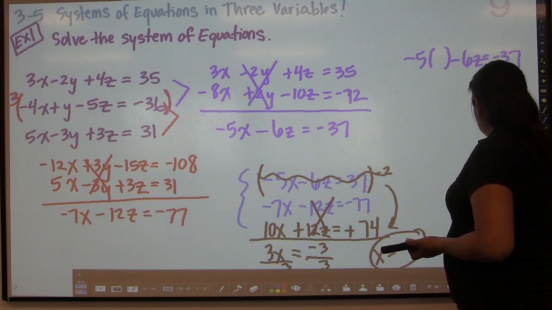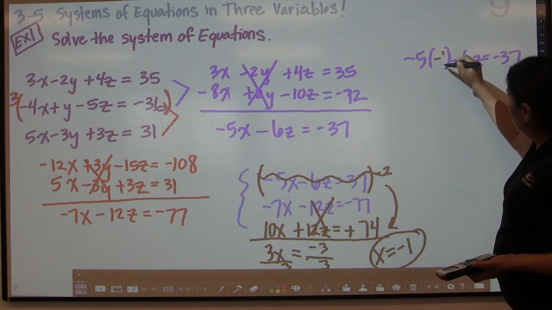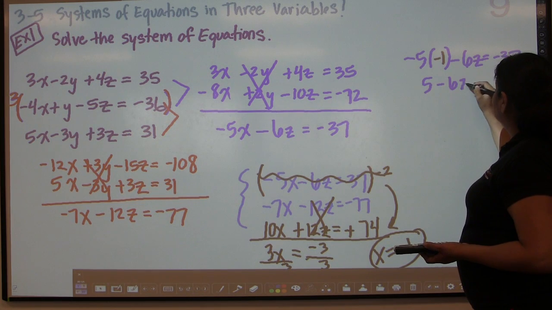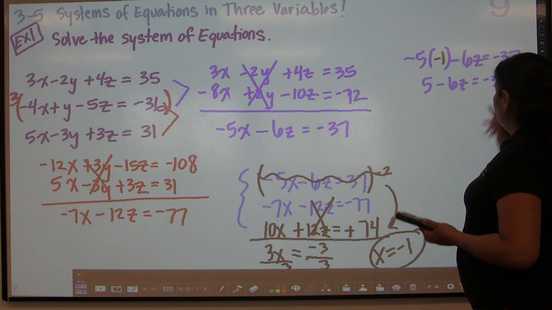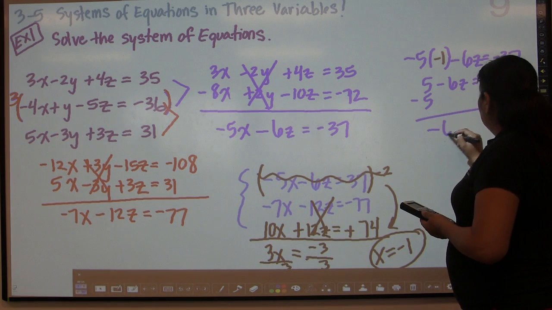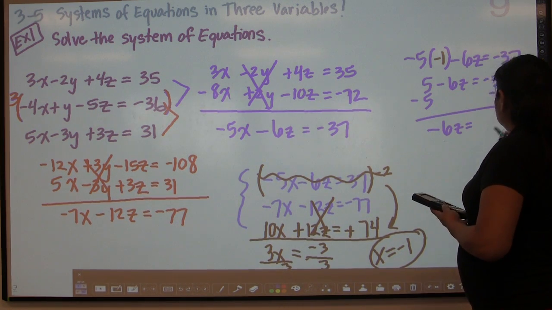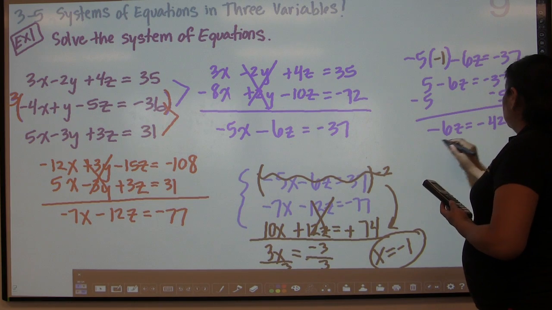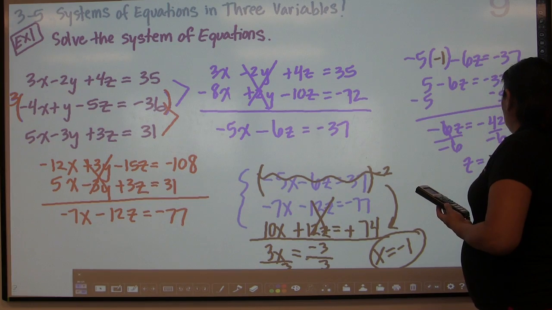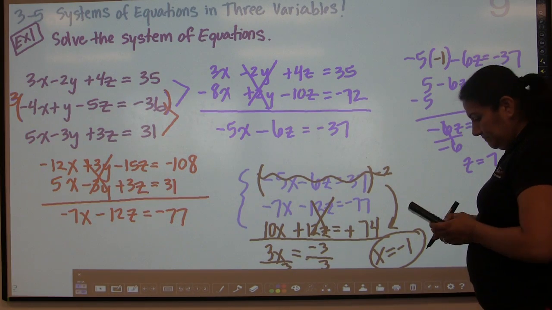And I'm going to replace the x with a negative 1. And so that's going to be positive 5 minus 6z equals negative 37. Subtract the 5 from both sides, and you get negative 6z equals negative 42. Divide by negative 6, and z should equal positive 7.